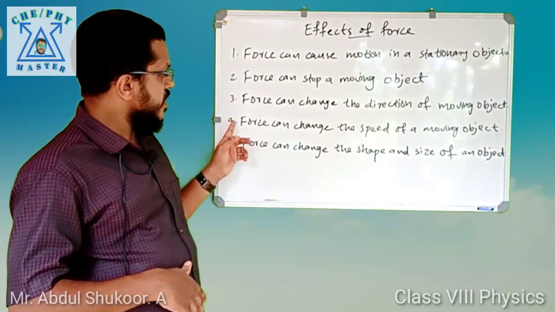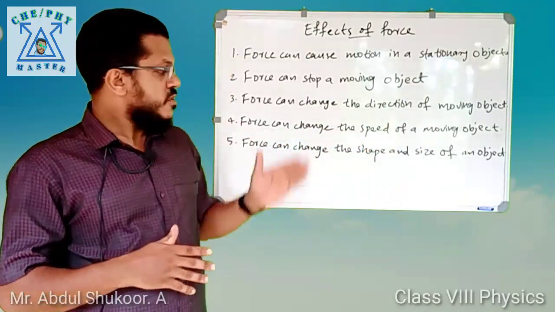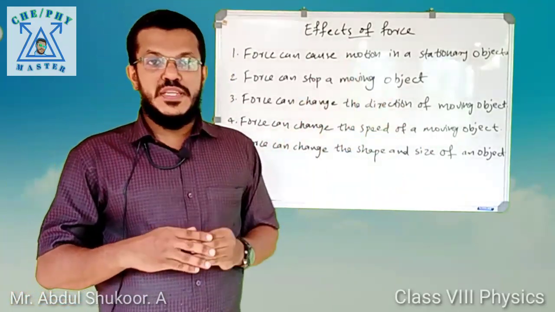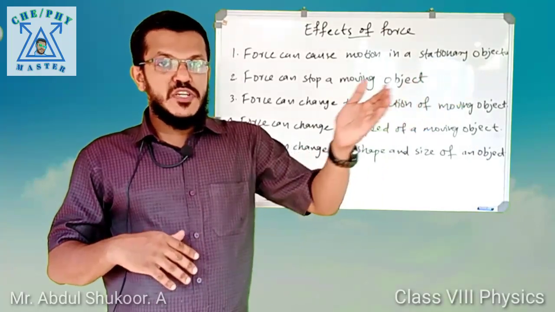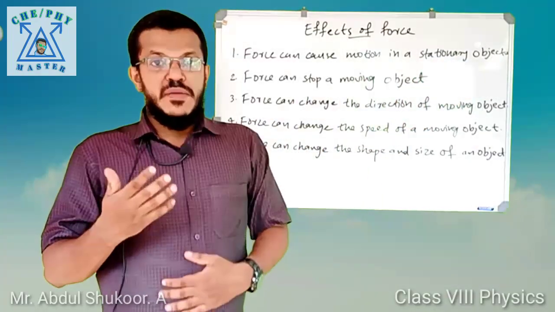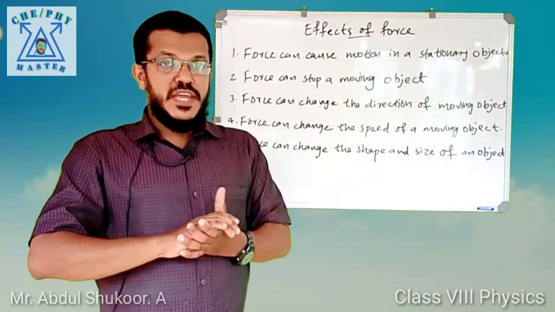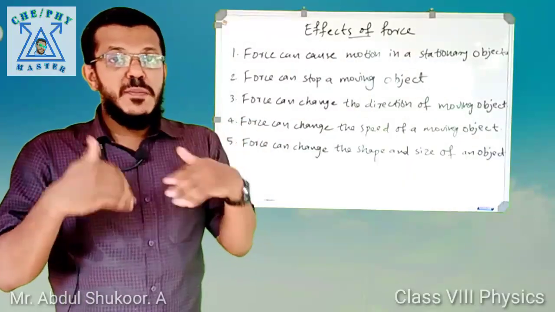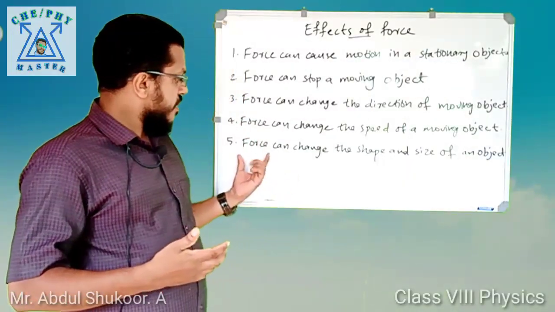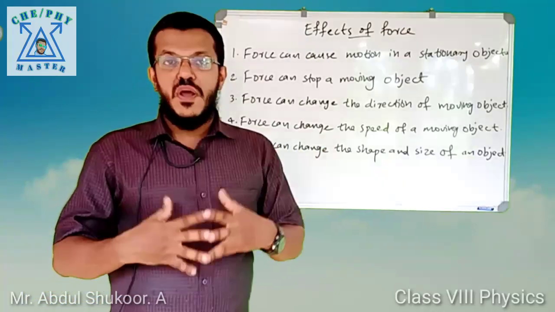Fourth point: force can change the speed of a moving object. That means if a body is moving with a particular speed and you apply a force on this moving object, the speed of the body will change. Then the fifth point: force can change the shape and size of an object.